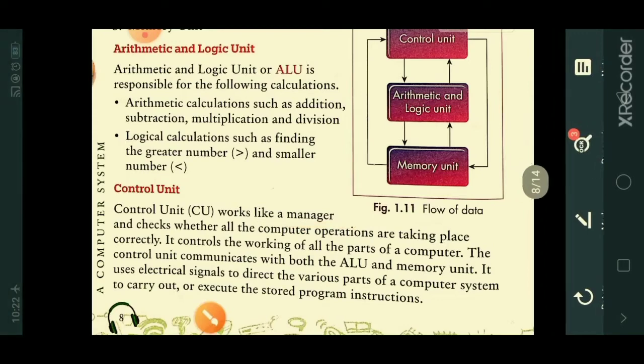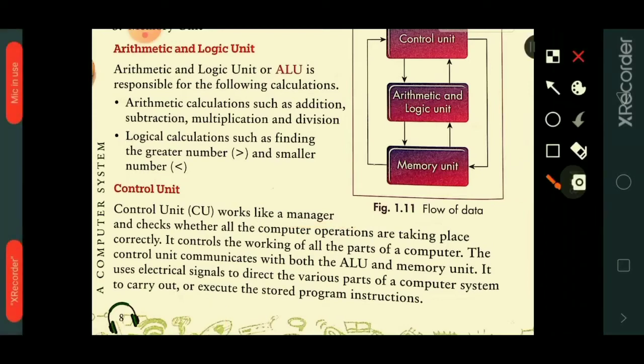It checks whether all the computer operations are taking place correctly. It manages whether all the parts of your computer are working properly or not.